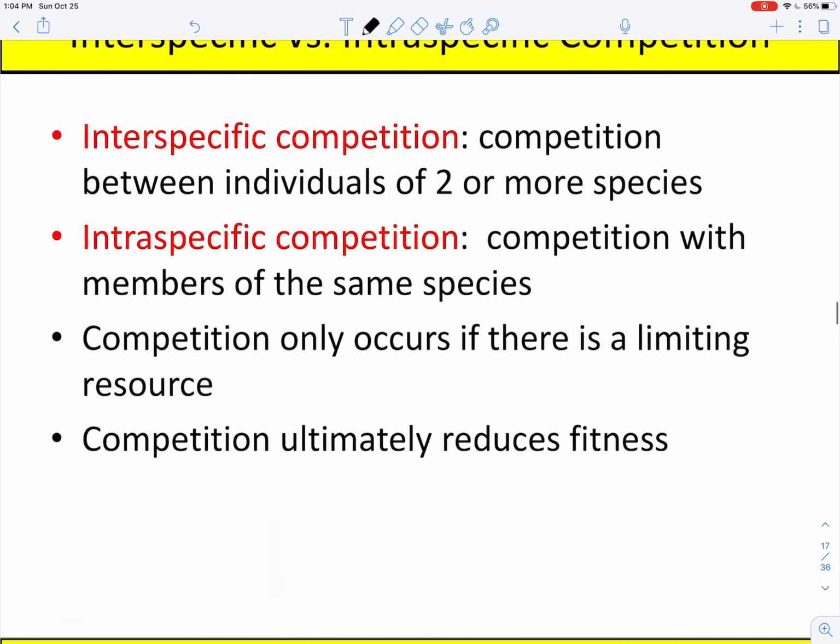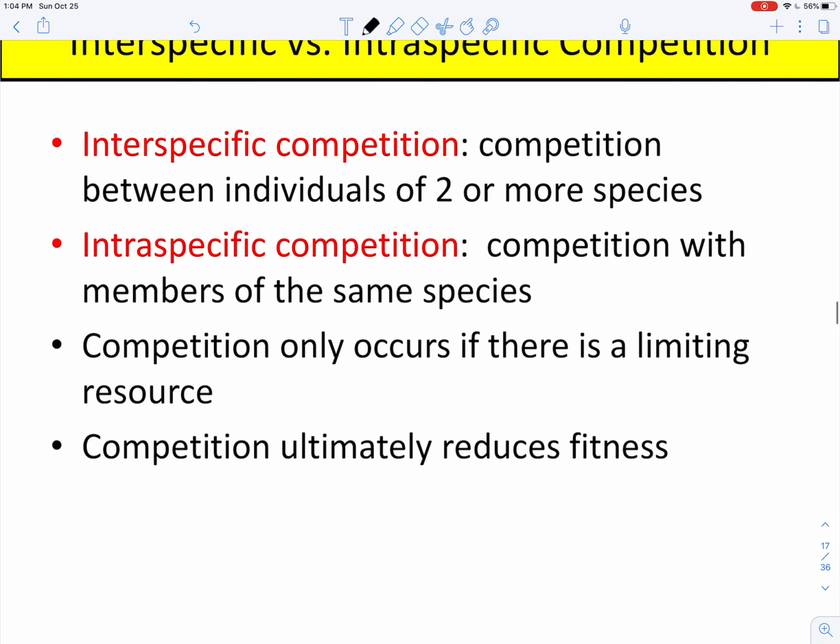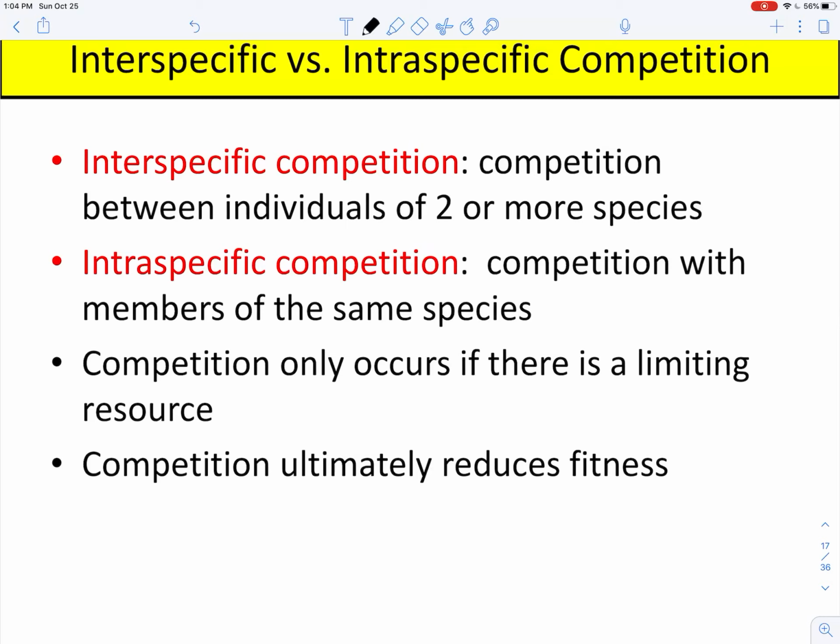So as we continue this discussion, some things that are important to point out is that, again, competition only occurs if there's a limiting resource, and competition ultimately reduces fitness of an individual.